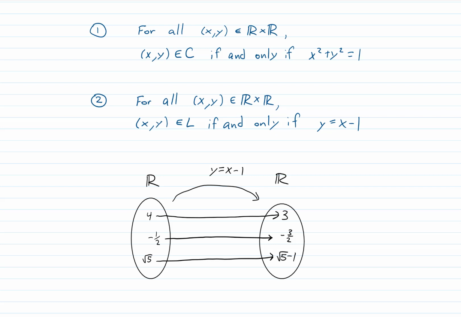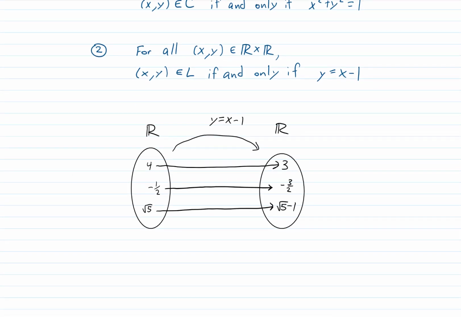Now, some functions are defined by formulas and some aren't. This one here is, we wrote y equals x minus 1. So once you're convinced that it's a function, you can write f of x equals x minus 1, since there's a formula. Not every function has to have a formula. Most of the ones that we use do, but it's not necessary.